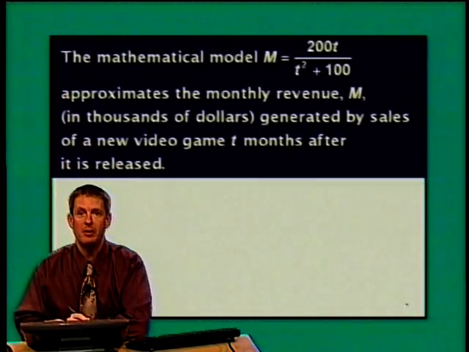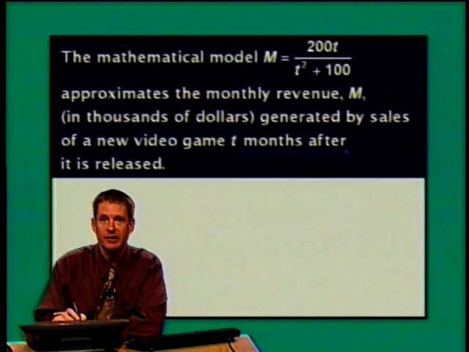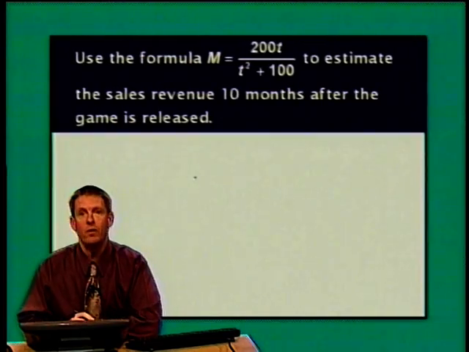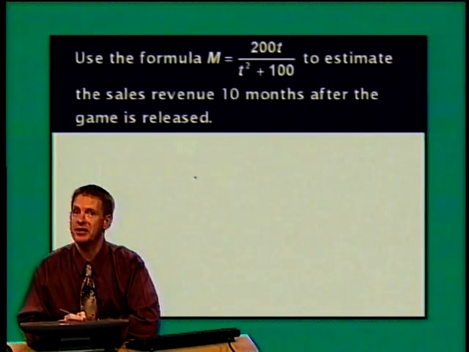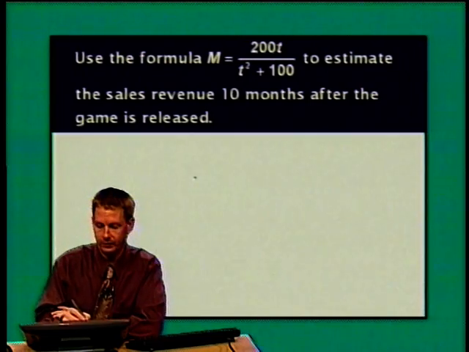Going back to our problem statement, we can see that t is representing the number of months since release. So if we want to know the monthly revenue 10 months after release, we need to evaluate the expression 200t over t squared plus 100 when t is 10.